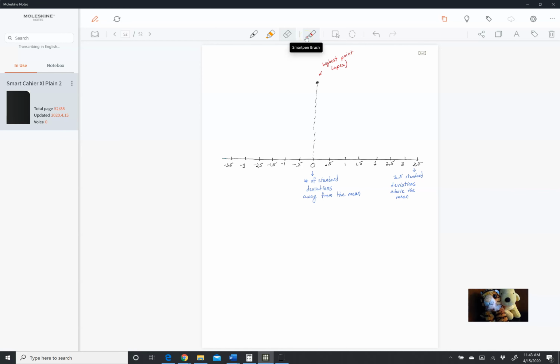I'm gonna try and show the symmetry of it. So at negative 0.5, it's not perfect, but at negative 0.5, we're gonna be at the same height as positive 0.5. Okay, again, because it's symmetrical. At negative 1, we're gonna be at the same point as at positive 1.